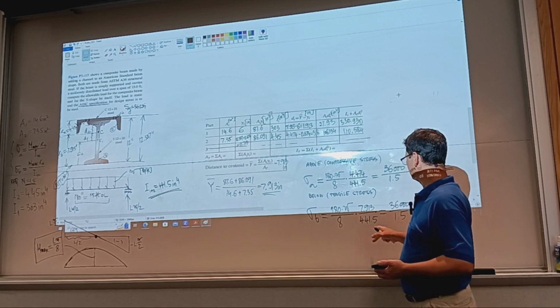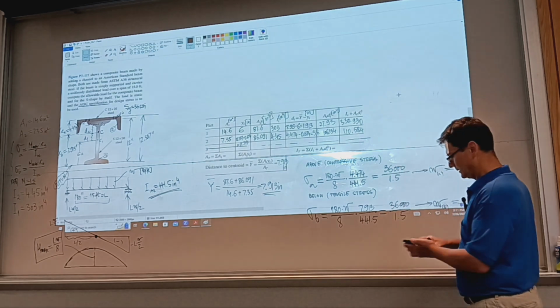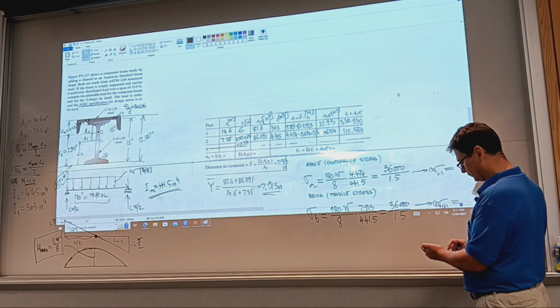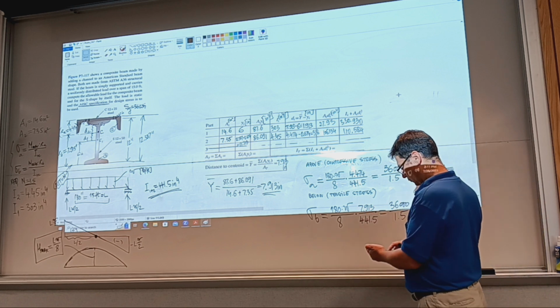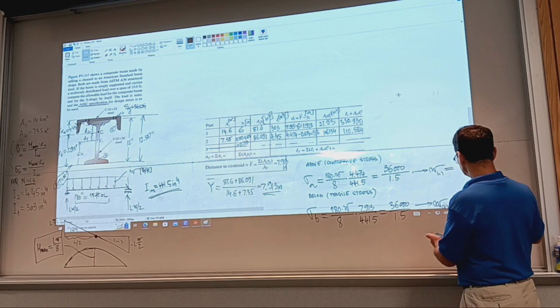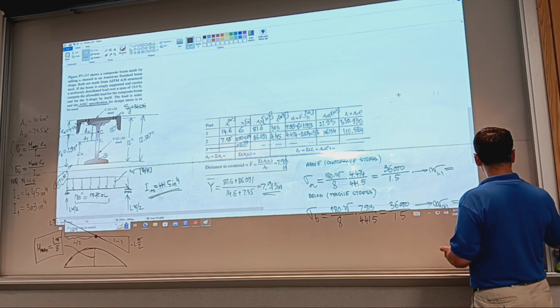It's going to be 8 times 441.5 times 36 exponent 3 over 1.5 over 180 over 7.913 equals 59513.88 pound per inch.